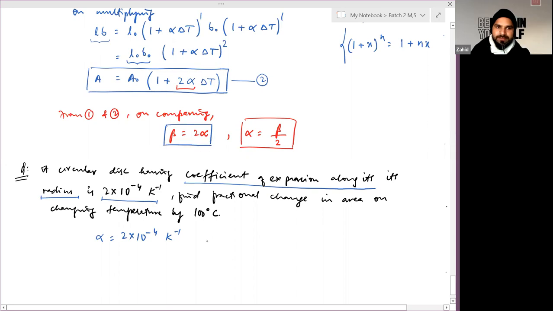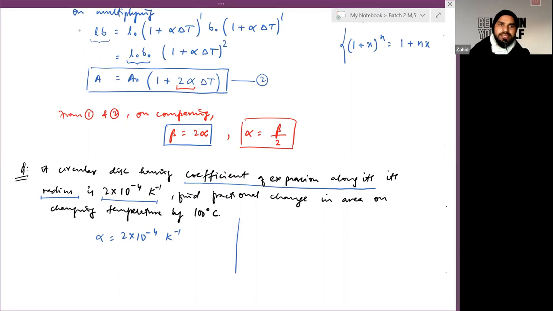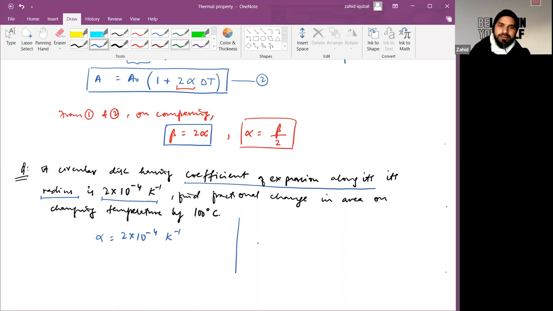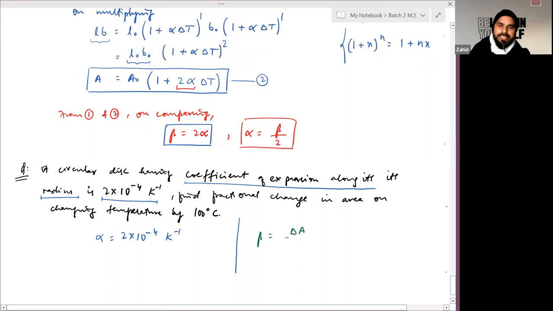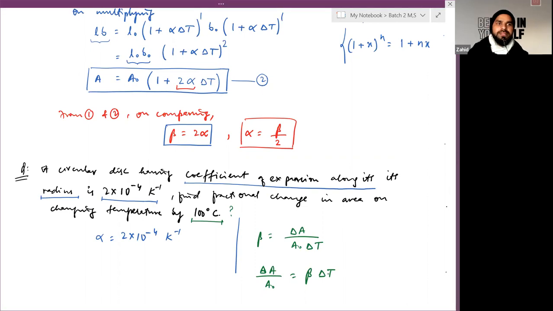Next, we have to calculate fractional change in area. So beta equals delta A divided by A naught times delta T. So delta A divided by A naught will become beta times delta T. Calculate beta from this alpha, and we have temperature difference 100 degrees Celsius. Put this in this part, you will get fractional change in area. Try to solve.